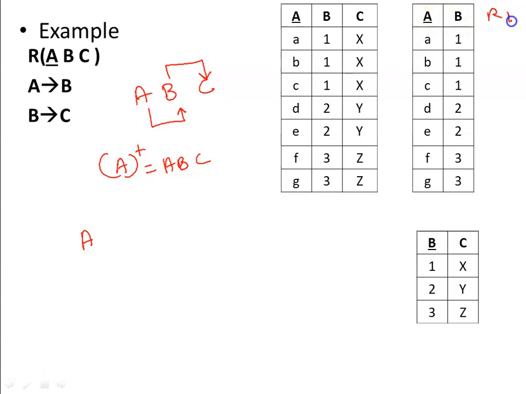Let's say this relation is R1 and the second relation is R2. So basically what we have done over here is eliminate the transitive dependency. B is dependent upon A and C is dependent upon B. So here the primary key is A and here the primary key is B.